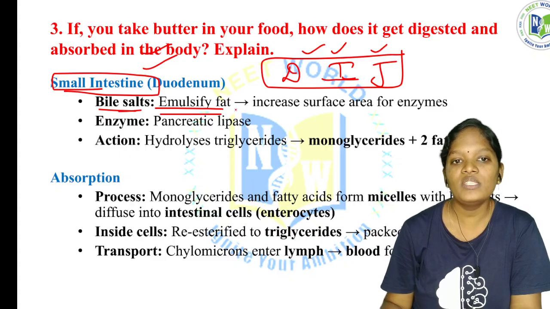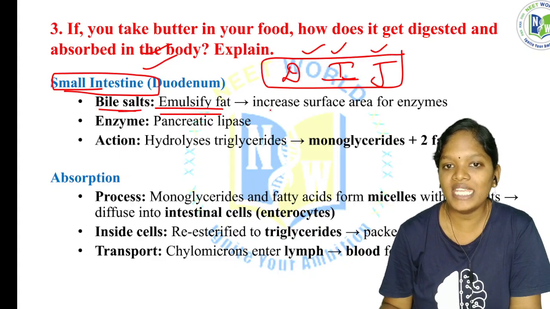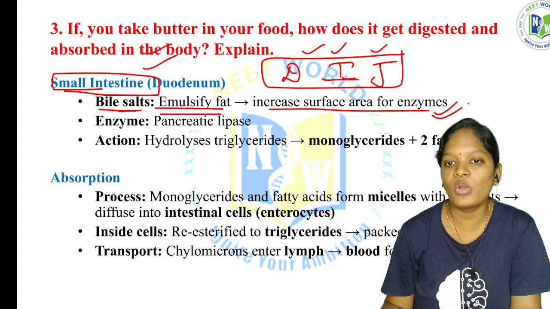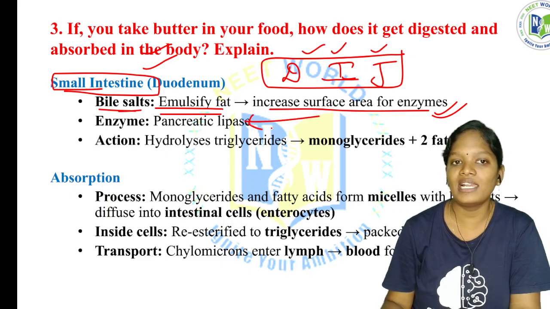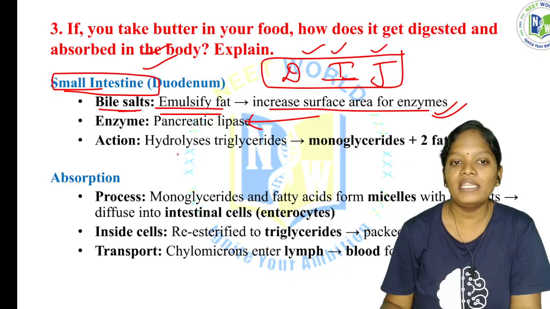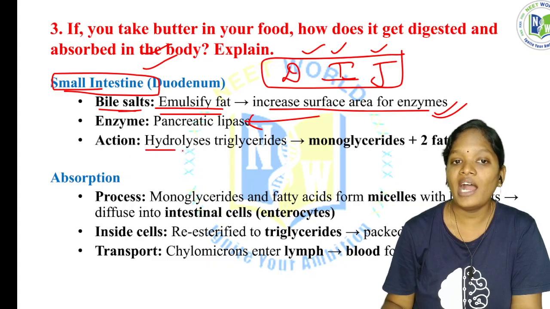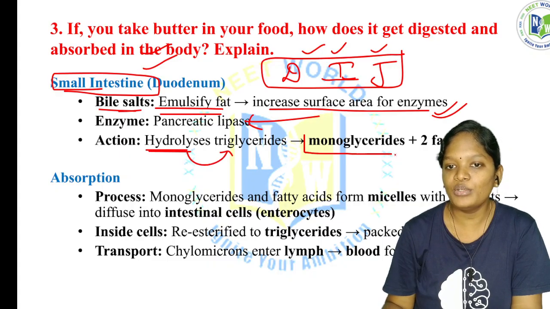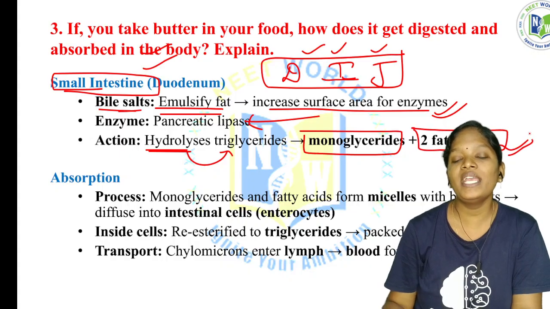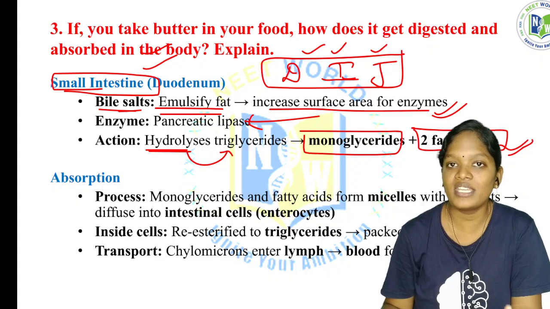The bile salts emulsify the fat, increasing the surface area for the enzymes, here the pancreatic lipase. What is the action of this pancreatic lipase? It hydrolyzes the triglycerides, converting them into monoglycerides plus 2 fatty acids. This is where the final digestion takes place.